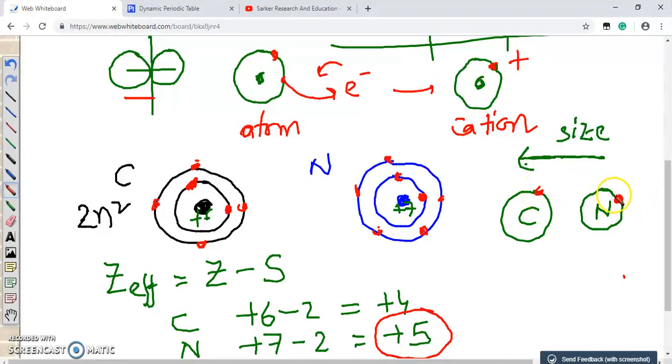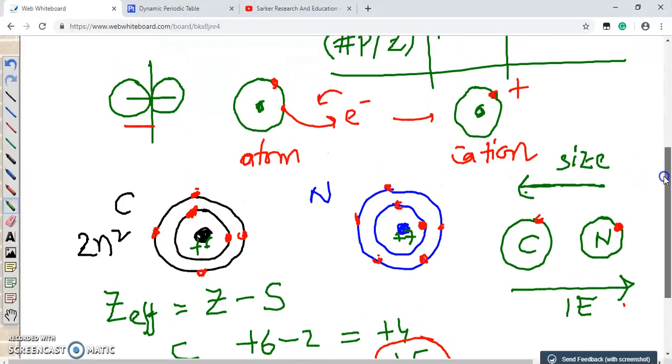And here the pull of the nucleus is more on the outermost electron, so I will have to provide more energy here. I will have to give more ionization energy for nitrogen because it is smaller, and less for carbon. This is the general trend for the periodic table: as you go from left to right, the ionization energy increases because the size decreases.